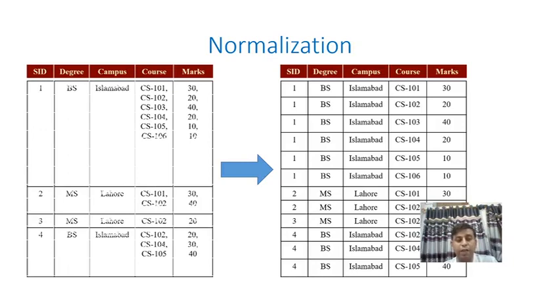On the left hand side we have the old data in tabular format, and on the right hand side we have rearranged the table so that now each cell contains a single value. Now we can claim that this table on the right hand side is in first normal form.